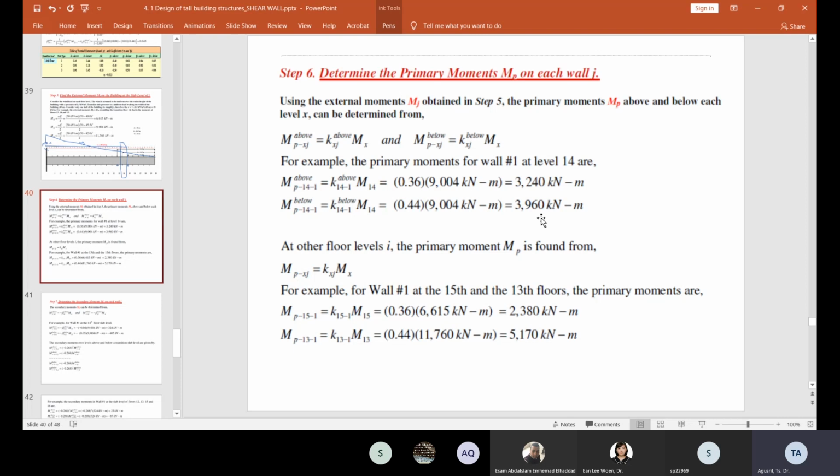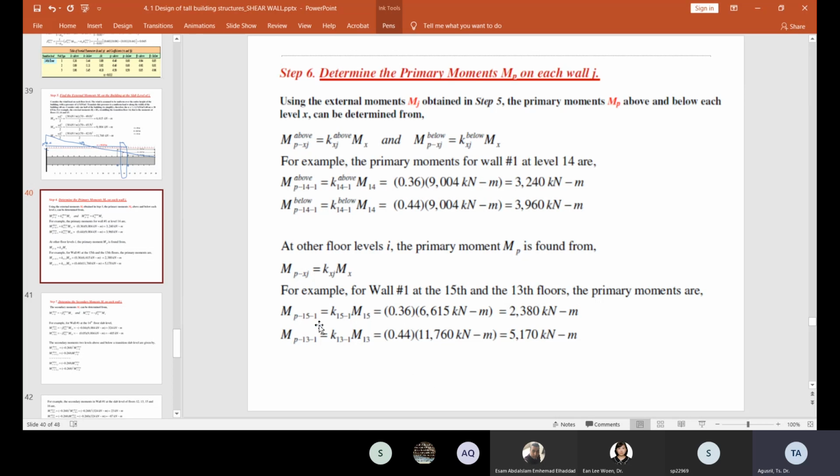For the other floor levels, we can still get the primary moment by using this equation, MP equals KXJ multiplied by MX. For example, for wall number 1 at level 15 and 13.